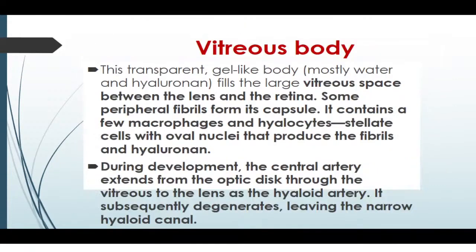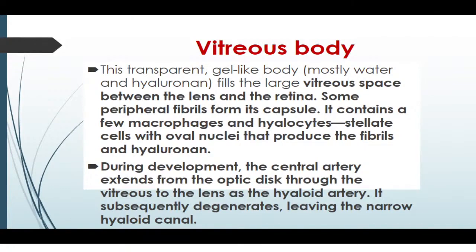Okay. The next interesting mesenchymal component of the eye is the vitreous body. This transparent, gel-like body, mostly water and hyaluronan, or hyaluronic acid, fills the large vitreous space between the lens and the retina. Some peripheral fibrils form its capsule.